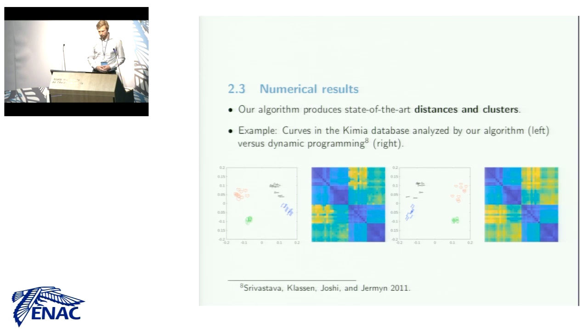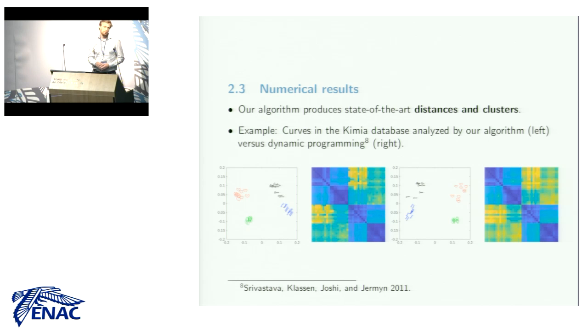Here are a couple of numerical results. First of all, as I said, we want to use this algorithm to compute distances and then maybe apply some machine learning tools to it. So here is a little example where we applied it to curves in a leukemia data set.